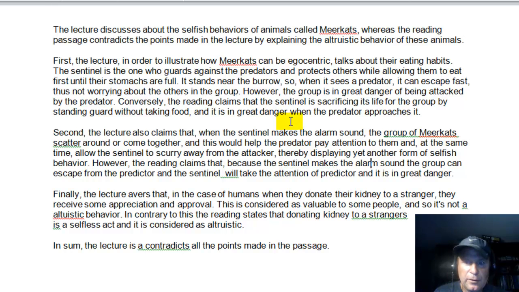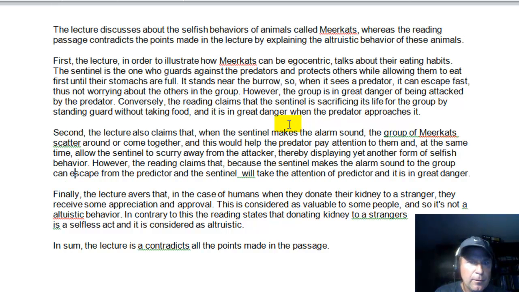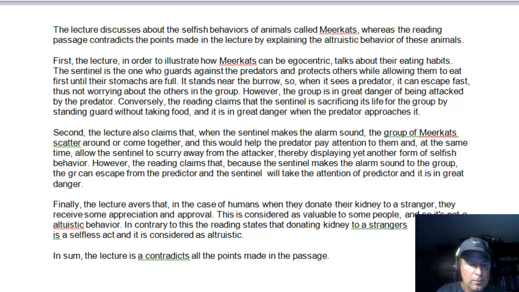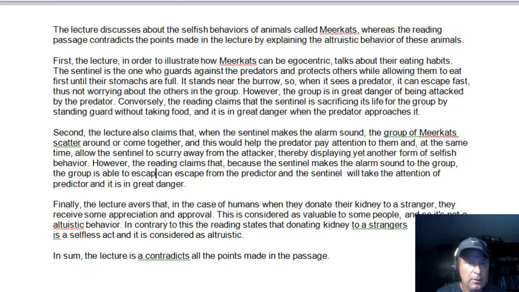Because the sentinel makes the alarm sound to the group, the group is able to escape.